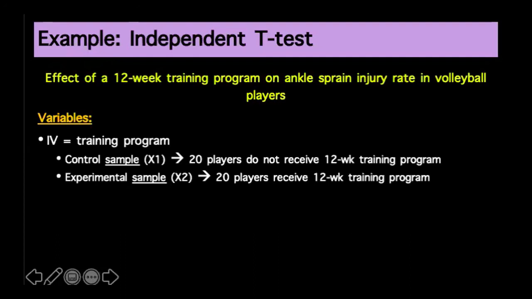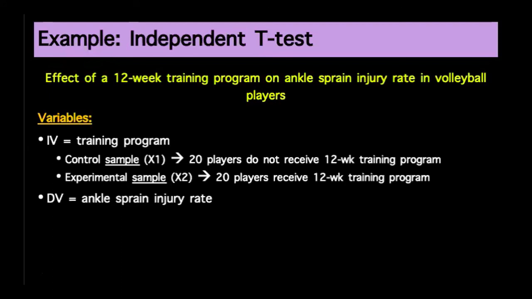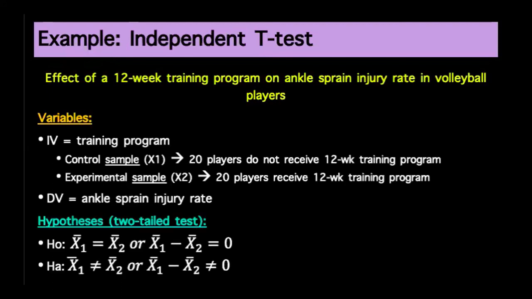Some people don't receive the training program, some people do, right? With those samples, we take ankle sprain injury rates and we generate hypotheses based on what we think will happen, right? Again, if we're using a two-tailed test, we just want to see, does the training program have an effect on ankle sprain injury rates?